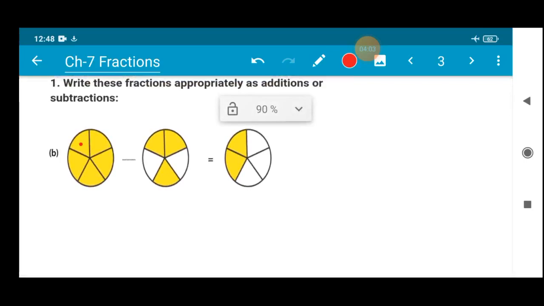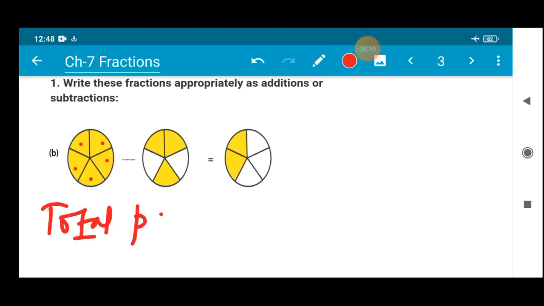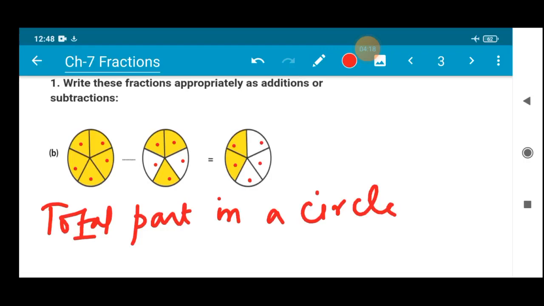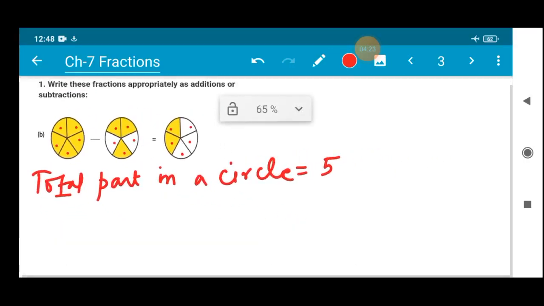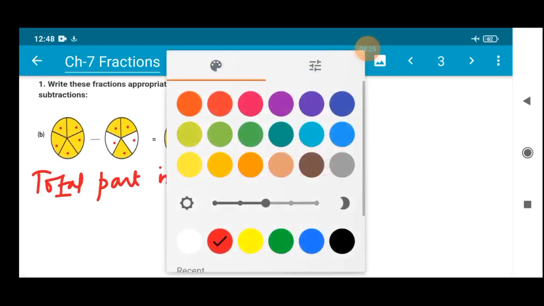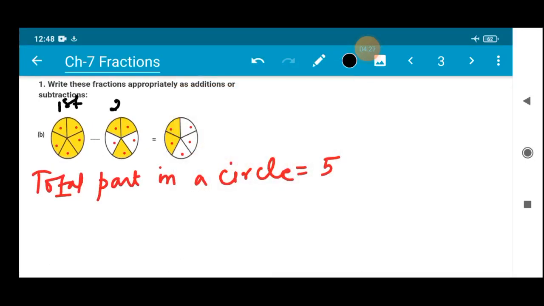Here you can see 1 2 3 4 5 parts are there. So let me write total parts in a circle. In every circle there are 5 parts. Now let me consider this as the first part, this as the second part, and this as the third part.